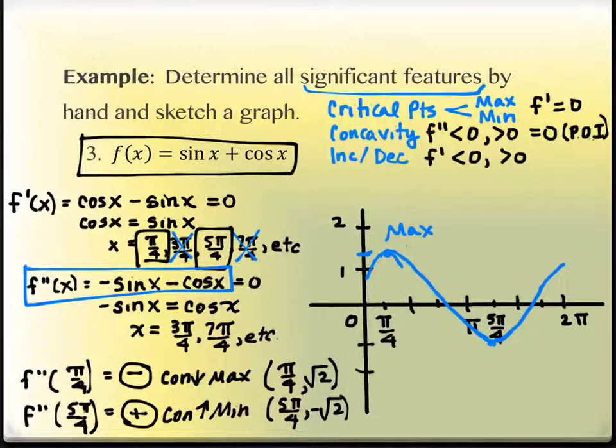What's the graph look like? It looks just like a sine or a cosine curve, doesn't it? With what exception? What's different about it? The period's actually the same. It still happens between one full rotation of 2 pi.